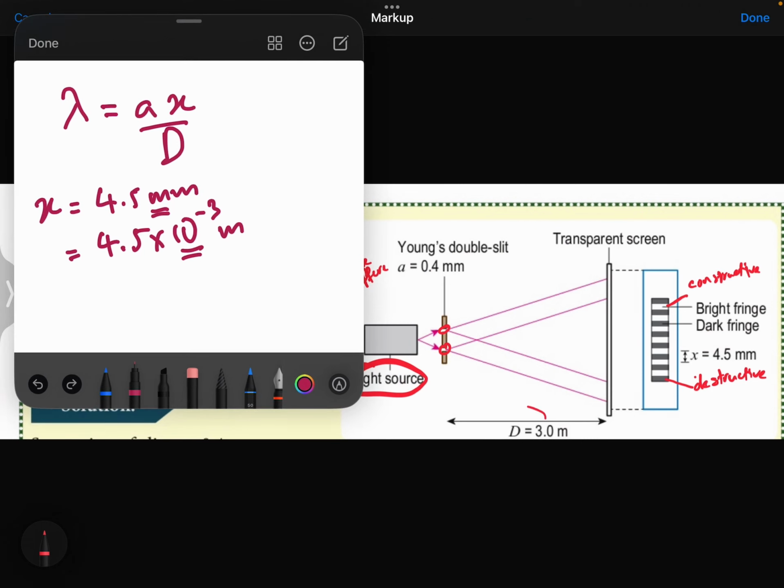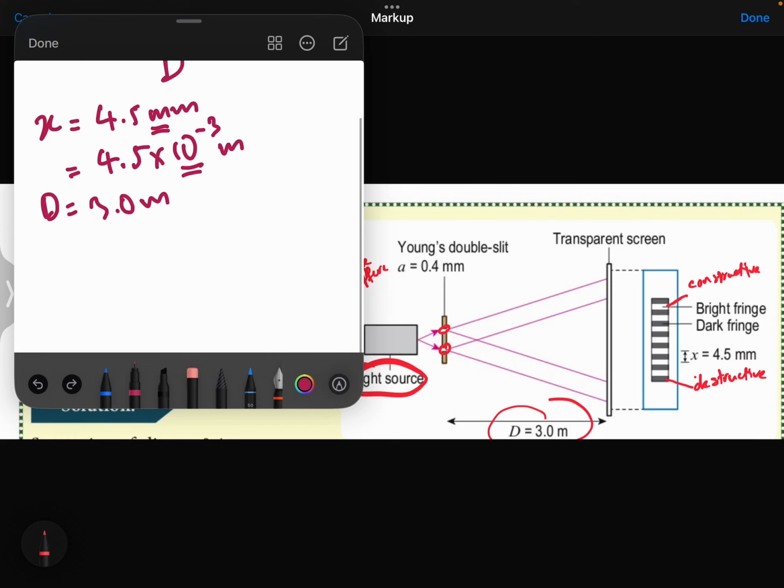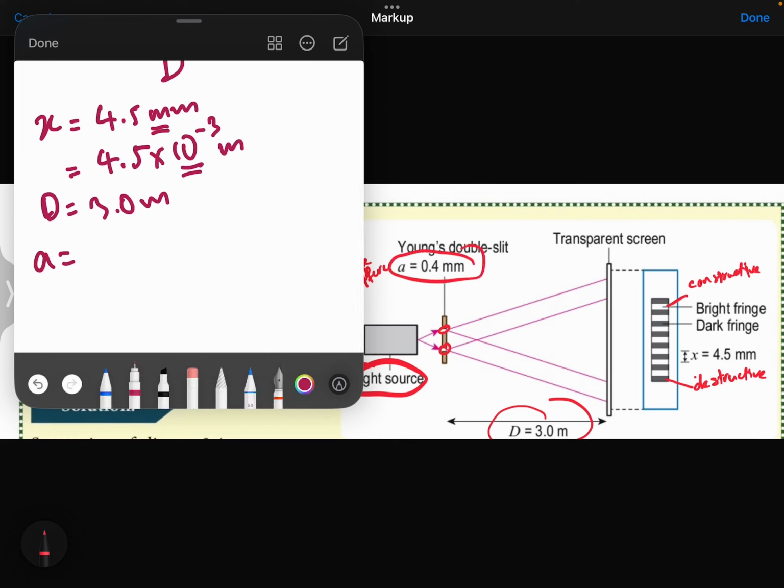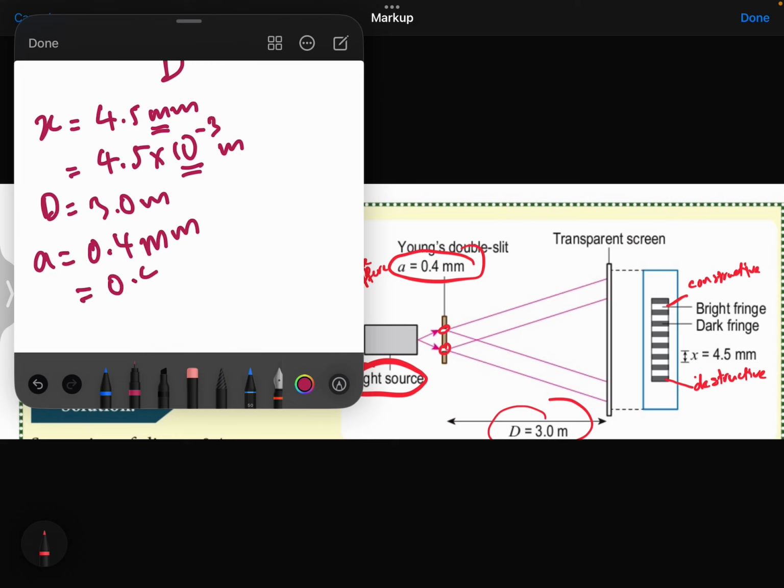We have D equals 3.0 meter. You don't have to convert anymore because that is the SI unit. And then a is given in the question also. It is 0.4 millimeter, so this is equal to 0.4 times 10 power negative 3 meter.